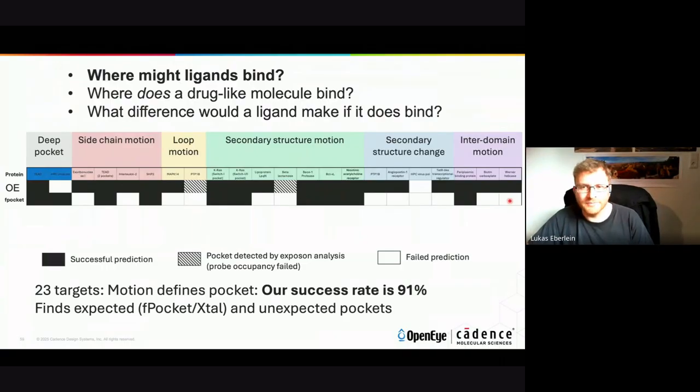Naively, we would like to blame the force field for this, since force fields are typically parameterized in a way that they keep secondary structures intact, but we can't necessarily do this, so we need to improve our method here. The other failure is a deep pocket, where we are not able to find a pre-existing deeply buried pocket in the protein. Maybe we need to increase the concentration of xenon to be able to properly detect it. Both of these failure cases are from the same protein, so we are still investigating how we can improve here.